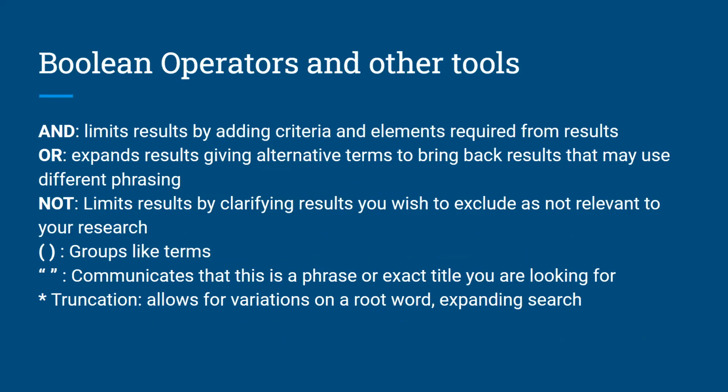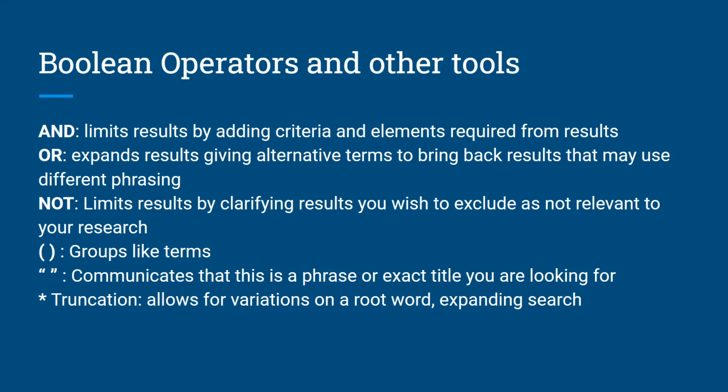And is going to limit it by adding those criteria, and so it knows that it's looking for this and this, rather than any of our other limiters, where if you wanted to expand your search, especially for those different synonyms, you'd use or. So you'd be looking for dogs or canine as an example of some of the different key terms that we may want to look at.